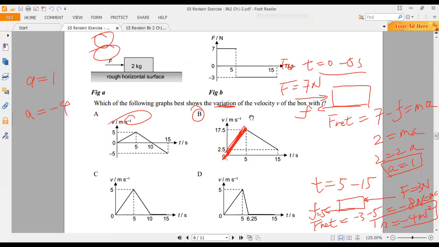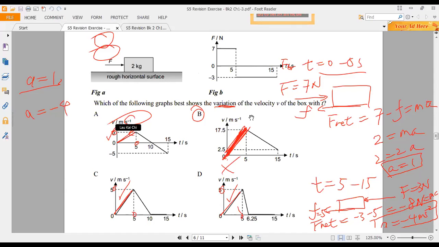Because A is equal to 1, that means in each second, it will just increase by 1 meter per second. So this is absolutely wrong. The rate of acceleration is too fast in this graph.